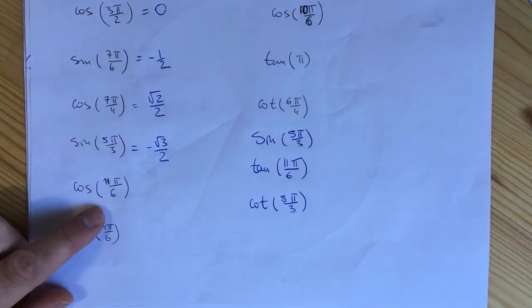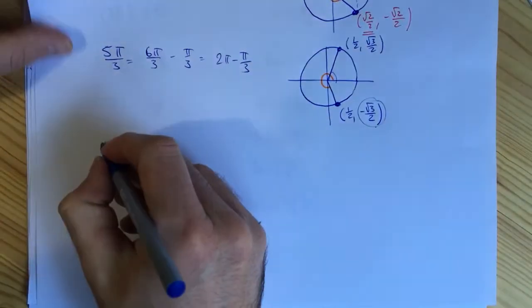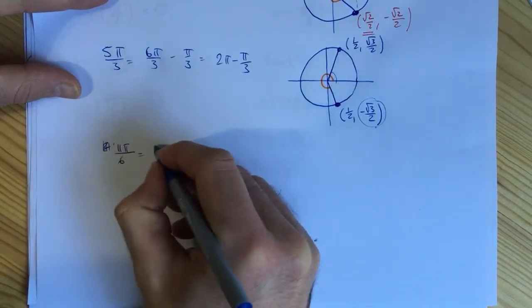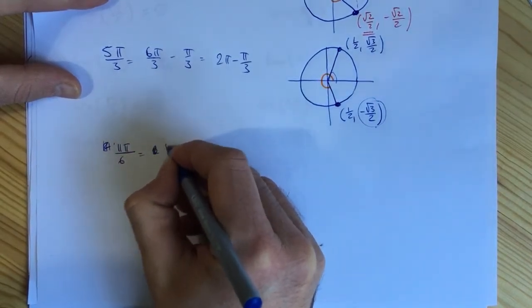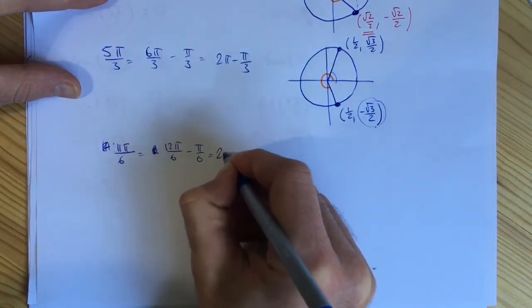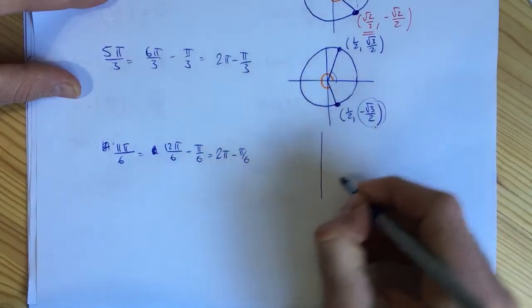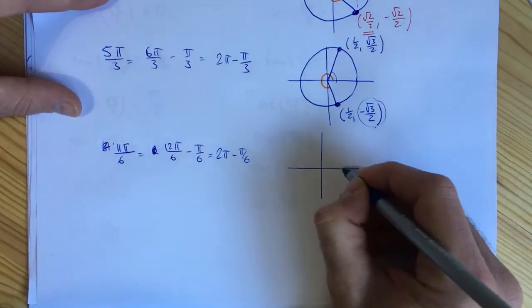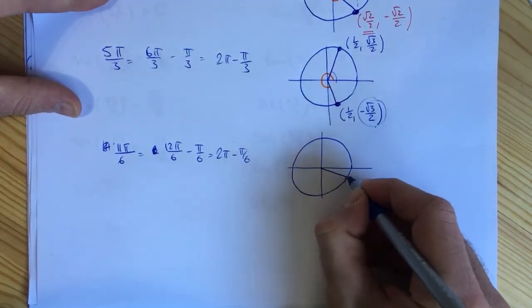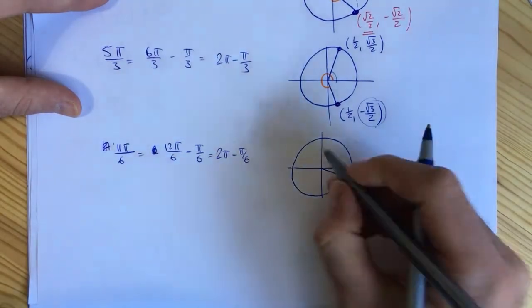Next question is cosine of 11 pi over 6. So we do the same thing. 11 pi over 6 is equal to 12 pi over 6 minus pi over 6, which is 2 pi minus pi over 6. So we do this just to locate, just to set up the angle, okay? So that's full circle minus pi over 6 right here, right? So this is our angle that we're looking for.